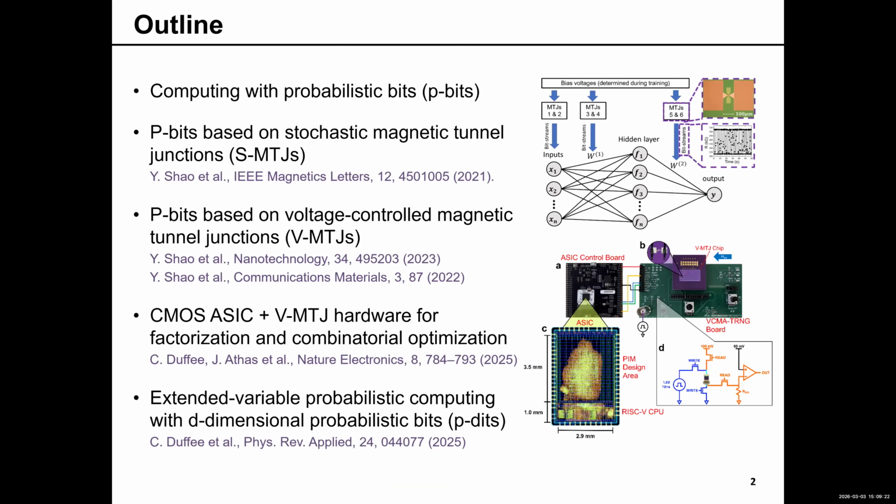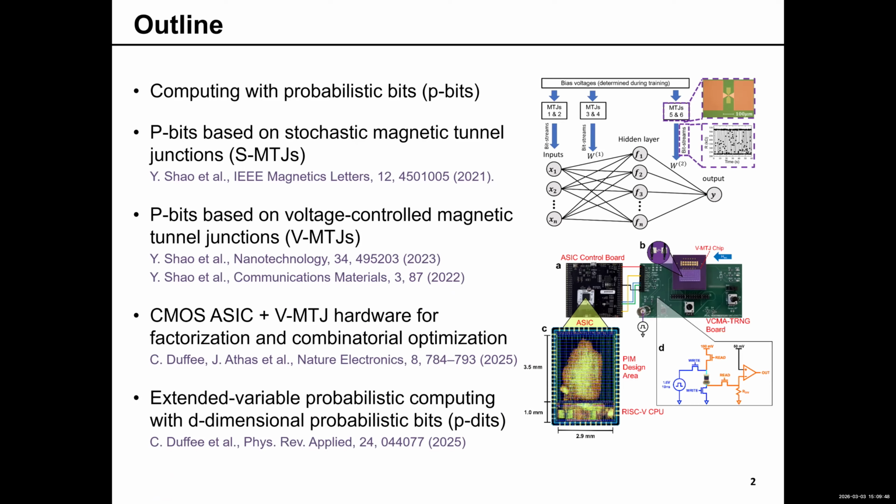So this is the outline. I will briefly present what I mean by probabilistic computing and probabilistic bits, which are the fundamental building blocks of probabilistic computing. And then I will spend some time showing a few different ways of realizing these probabilistic bits and computing systems based on them.